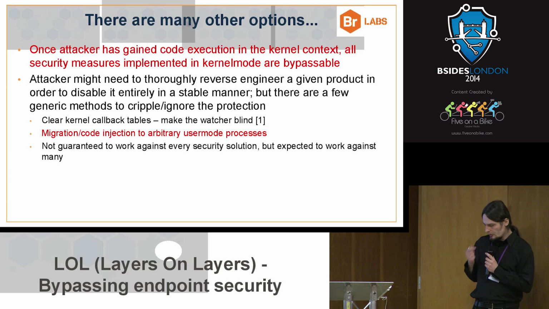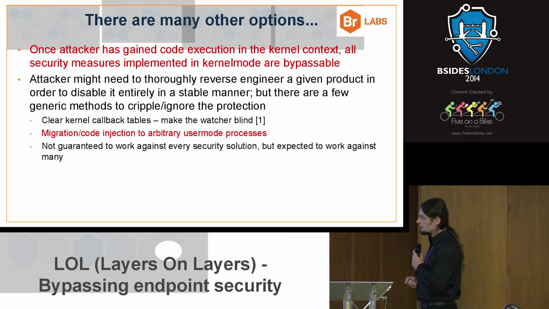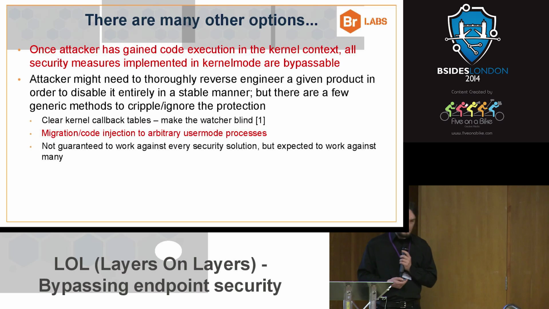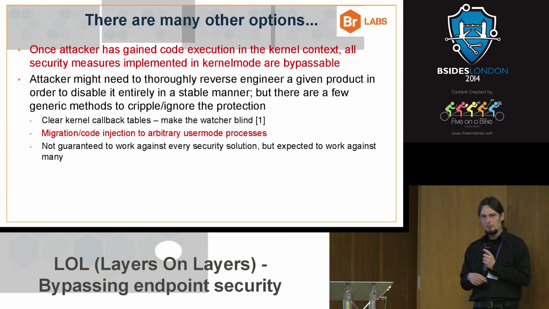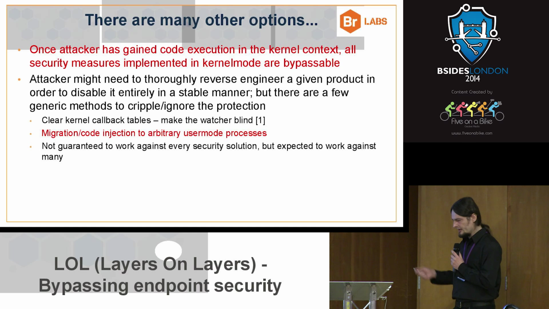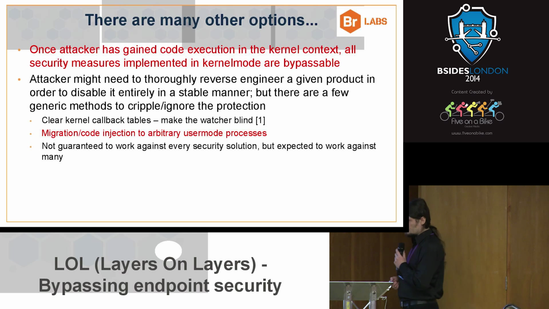At least that's the theory, because in reality, you cannot just wipe out all the executable code running in the kernel, for instance some kernel driver, because the system would probably crash.